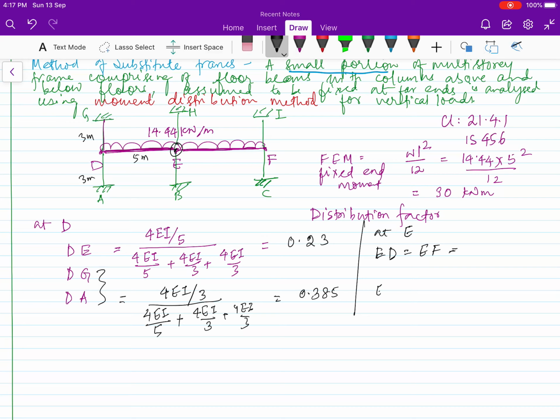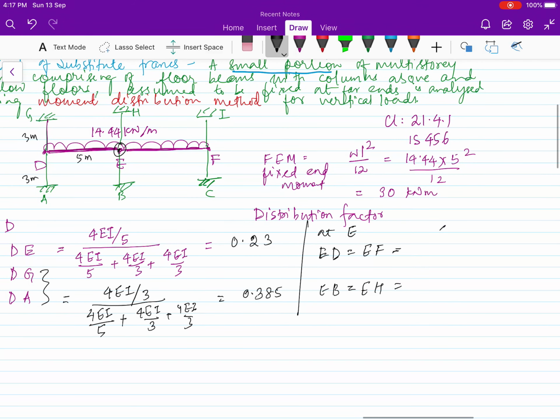Then we have EB, the columns. So 4EI by length of ED which is 5 meter, 4EI by length of EF, then length of EB.